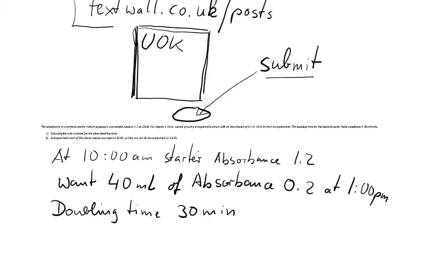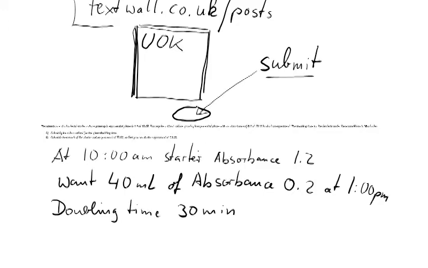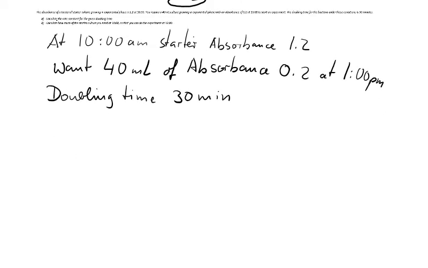And the first question here is, what is the growth rate for this bacterial culture when there is a doubling time of 30 minutes? And we know that we can really easily calculate the growth rate from the lecture last week.